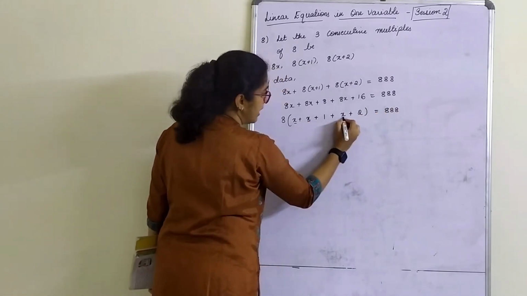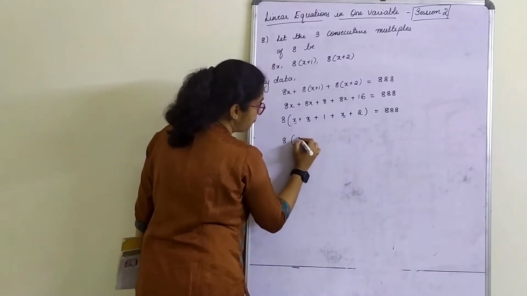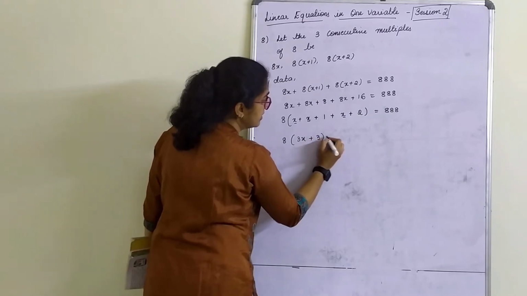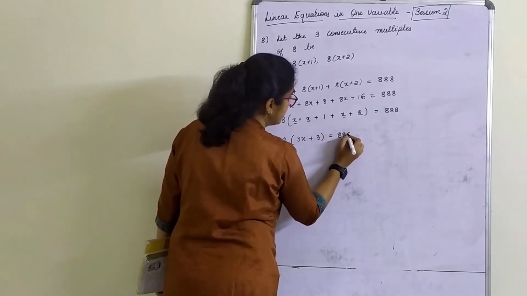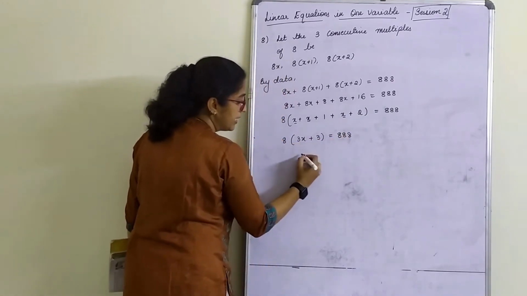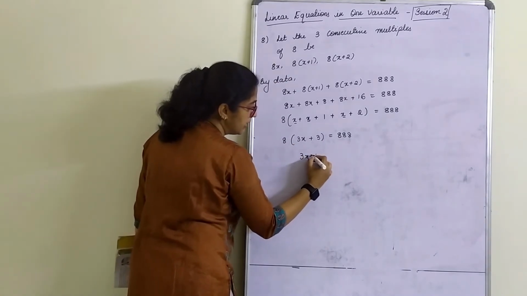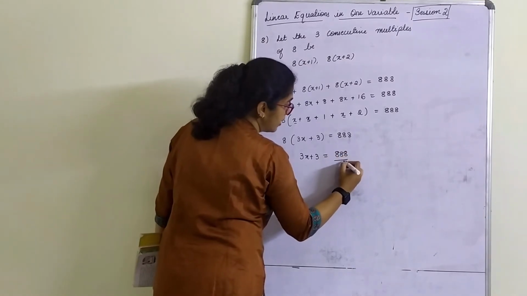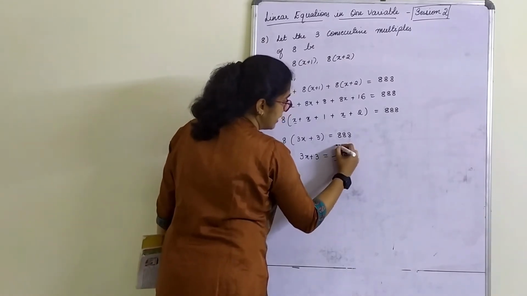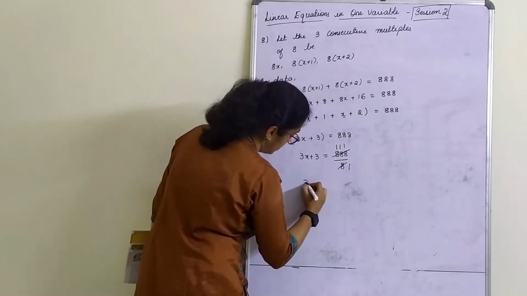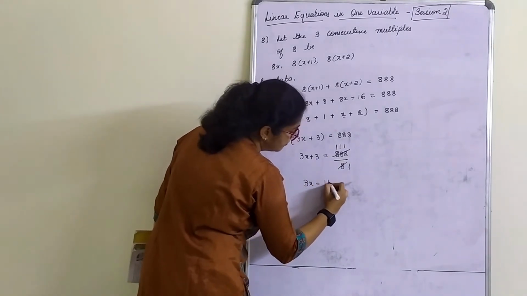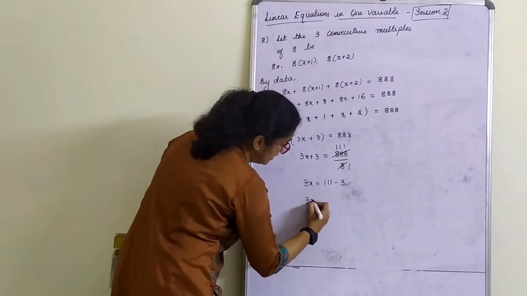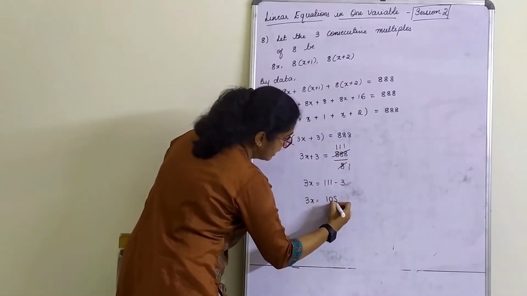x, x and x. 8 keep it here only as of now. 3x, 2 plus 1 is 3 is equal to 888. 8 is multiplied, bring it down here, that becomes division. 8 times 3x plus 3 is equal to 888 divided by 8. 8 ones are 8, 1 1 1. 3x is equal to 111 minus 3. 111 minus 3 will give you 108.